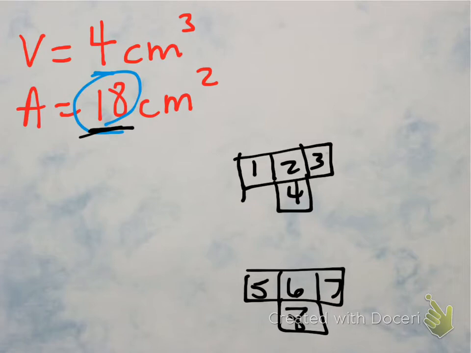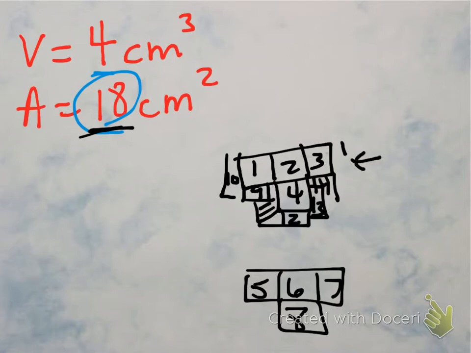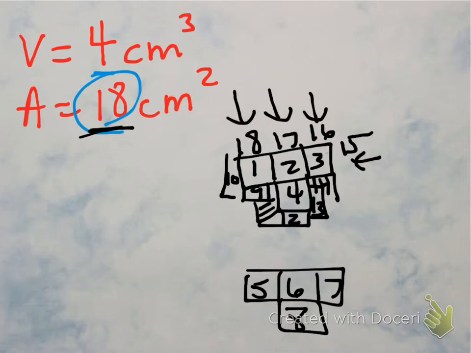Then this side would show 9, this side 10, this view here 11, the front view 12, the view behind 13, then here 14, then the back here 15, and this back here 16, 17. And that would give us 18. So this shape would also work if we line them up this way.